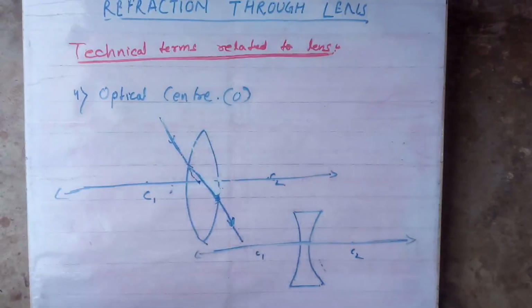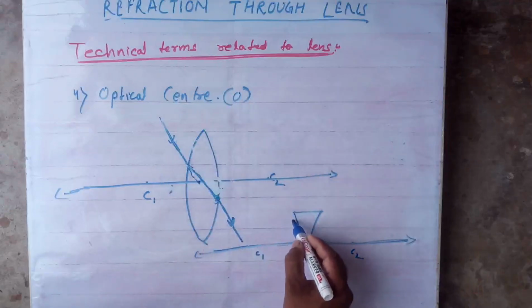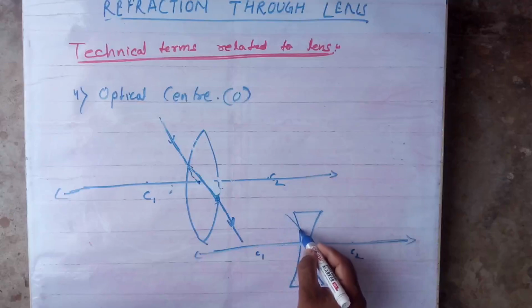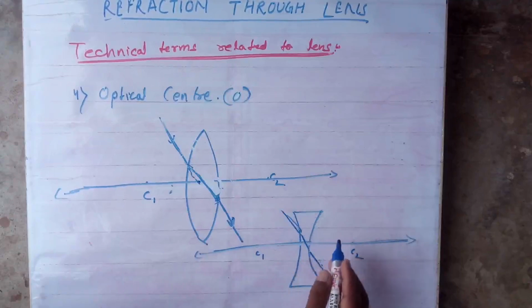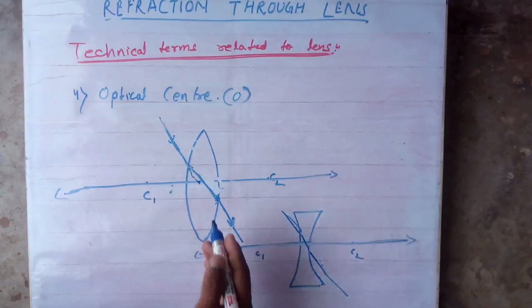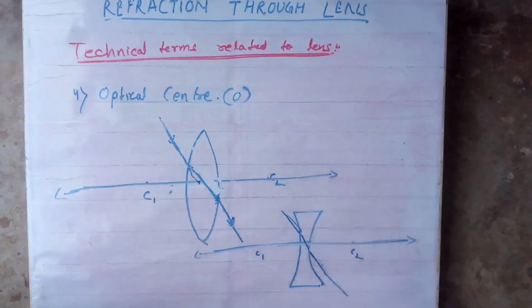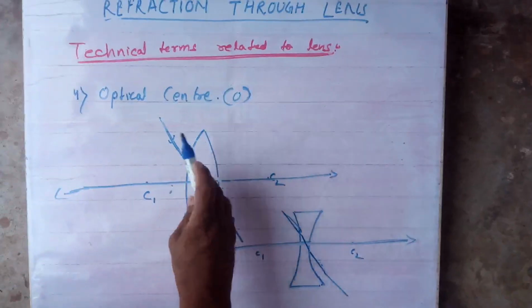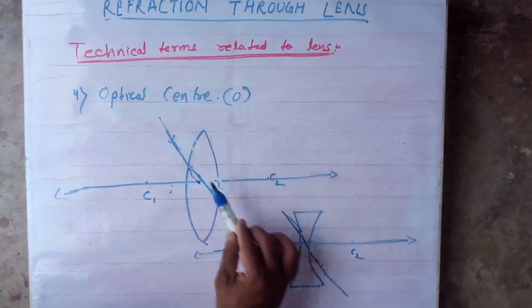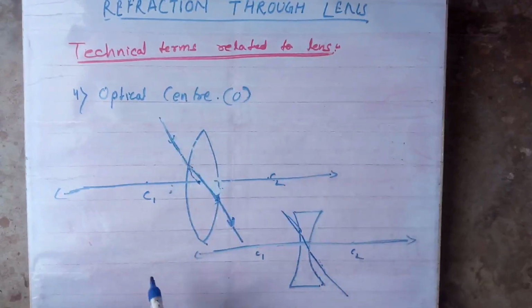But for thin lenses you will not be able to see that, it will mostly go along the same line, that's why you draw it so. For a thick lens, as in the diagram we have drawn, practically it happens, but for thin lenses this slight shifting will not be observed directly.